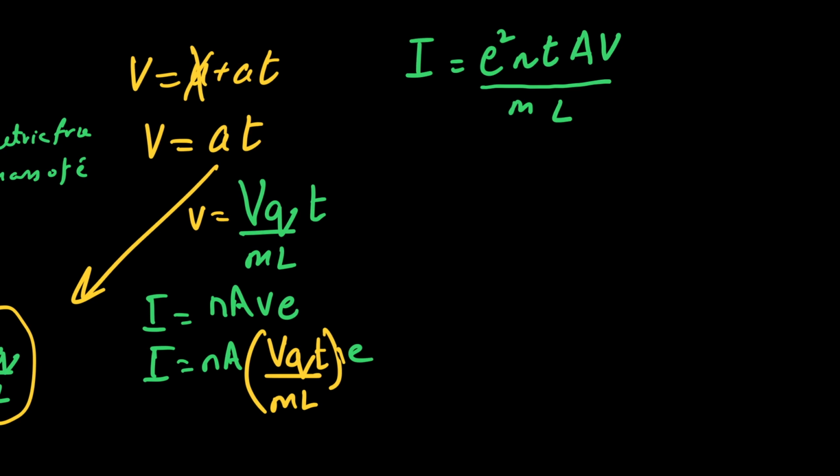Let's cross check so you don't get confused. Q and Q, I wrote that as E square. N T A V and V divided by ML.